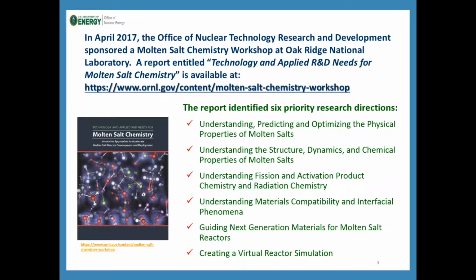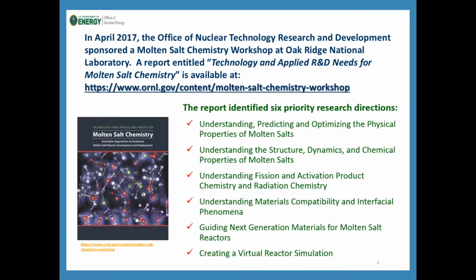The first one is to understand, predict, and optimize the physical properties of molten salt. The second one is understanding the structure, dynamics, and chemical properties of molten salt. So the first one is we want to modify and tailor the salt properties to our needs. And the second one is to gain the fundamental knowledge for modeling and providing a database. The third one is understanding fission and activation product chemistry and the radiation chemistry.